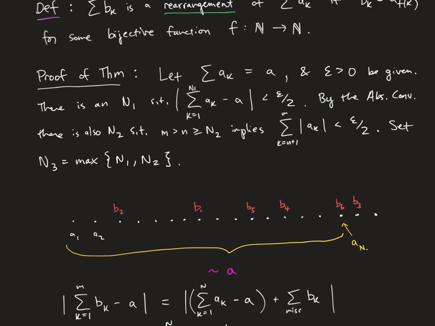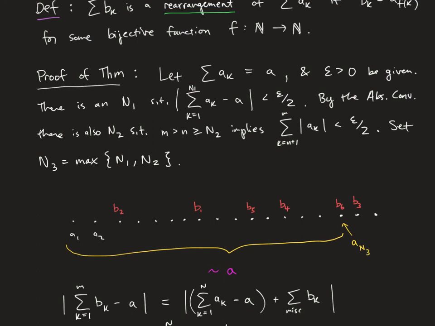Okay, so we have this picture here. There's our N3. And now what we want to do is take enough b terms so that we cover all of those first N3 a terms. That is going to use the fact that our function is a bijection. So we want to know how many of the b's do we have to take before the set 1 through N3 is covered by the bijection f.